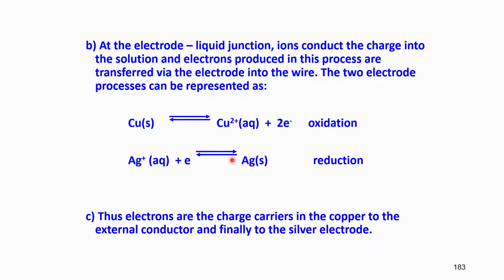So, what is happening? In one case, copper as a solid, that is the electrode, is dissolving to give you copper ions, and in the other, silver is depositing on the electrode.